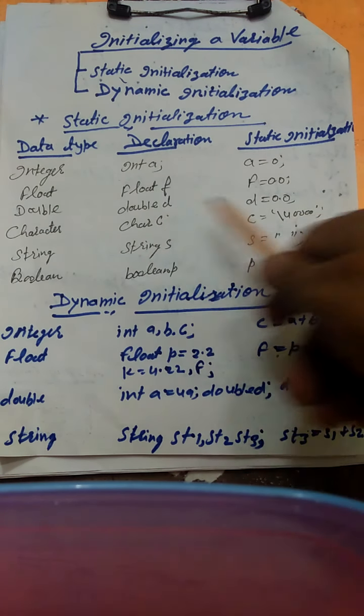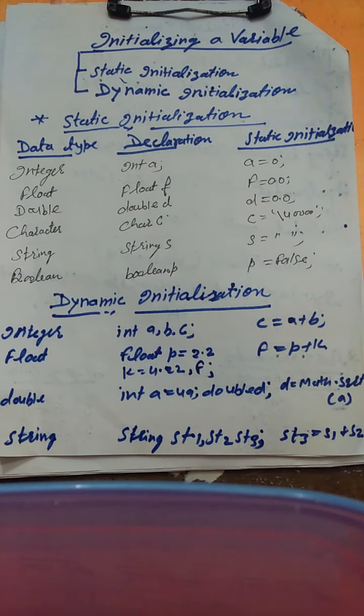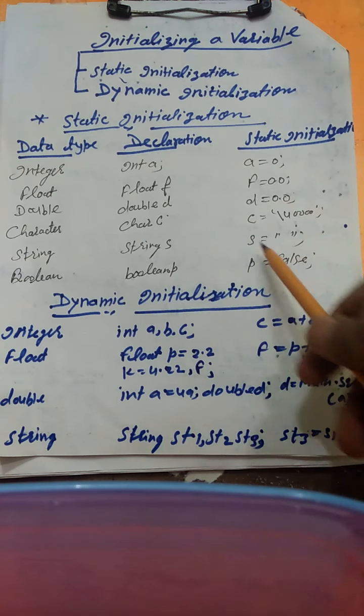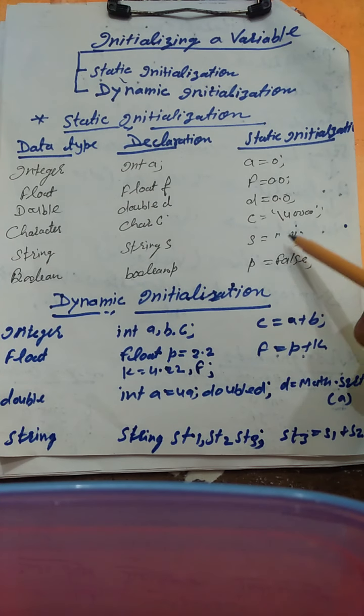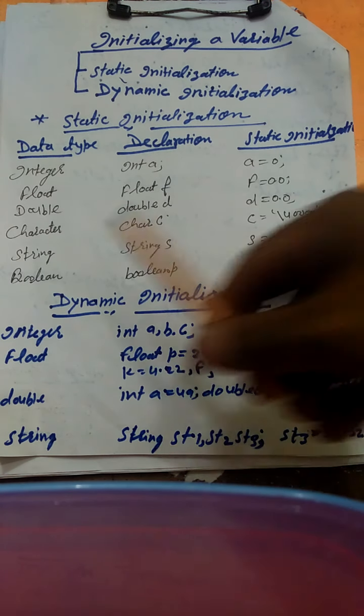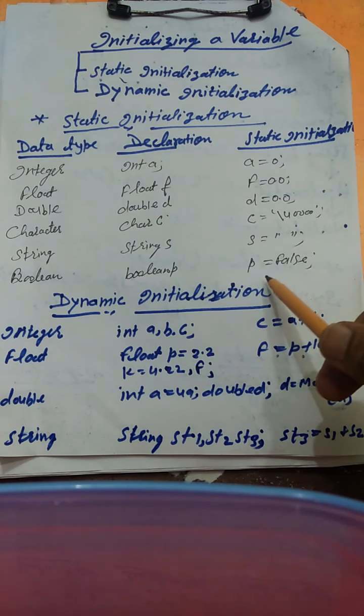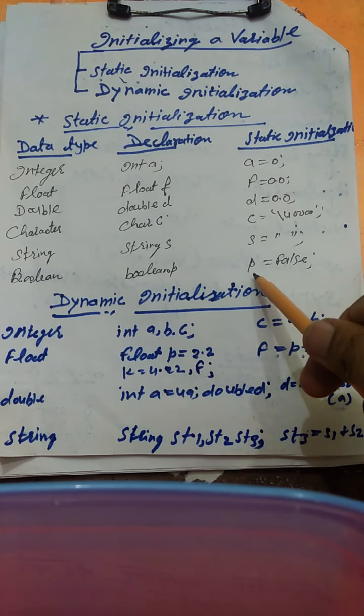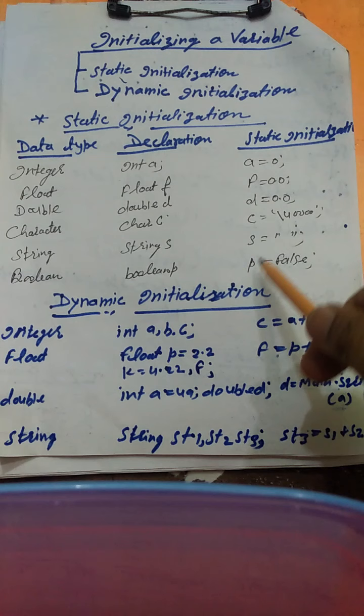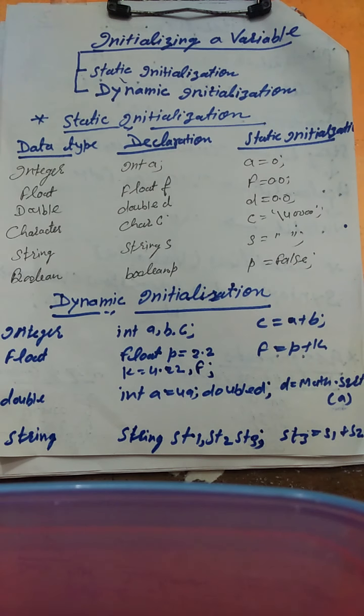And then character, we have to use the null character. And string s is equal to, and then we will use the static initialization in double quotes. And suppose our data type is boolean, then we will define any variable as a boolean, p is equal to false.